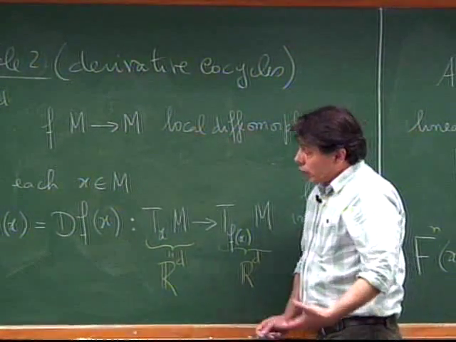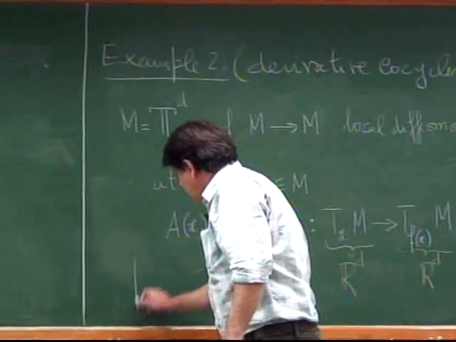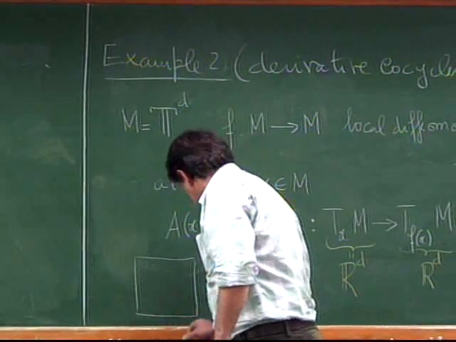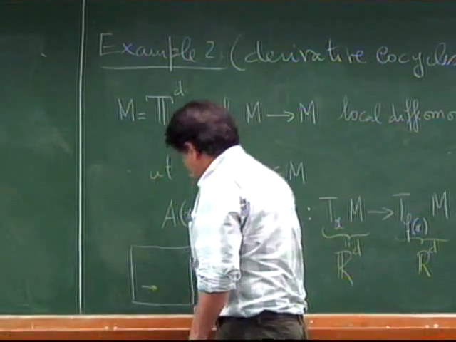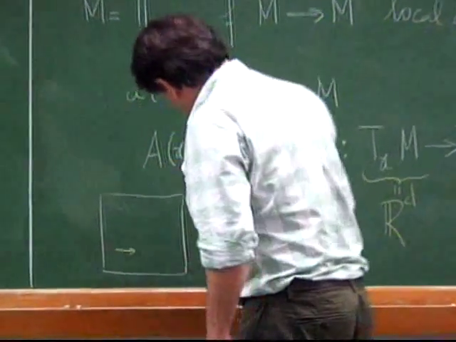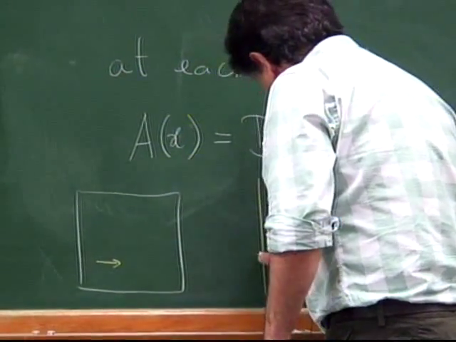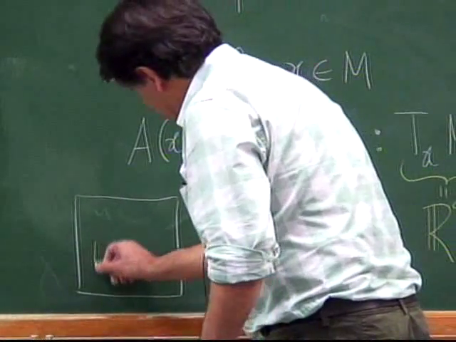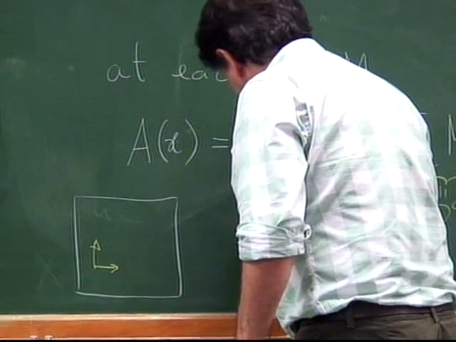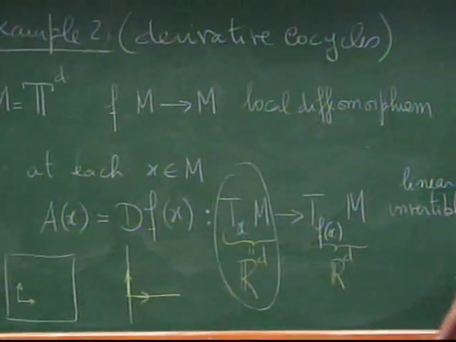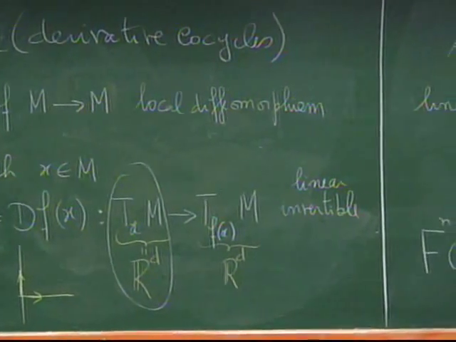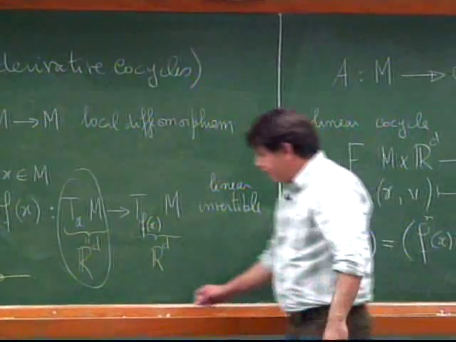Okay? In the torus, that's not a problem. In the torus, we can say that in my isomorphism, this vector will be mapped to the x-axis, and this one will be mapped to the y-axis. In the torus, the tangent space is canonically identified with Rd, but not in general. Okay?